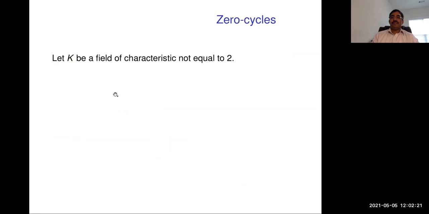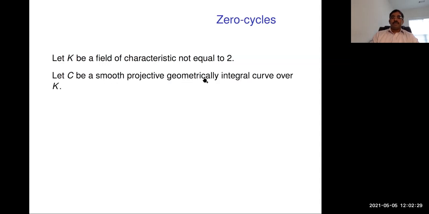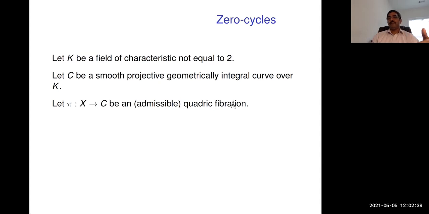Let's start with any field K of characteristic not 2, and take a smooth projective geometrically integral curve C over K. Let pi from X to C be an admissible quadratic fibration. Quadratic fibration means all the fibers are given by some quadrics. There is some technical condition, admissible, but we will not go into details of those things.